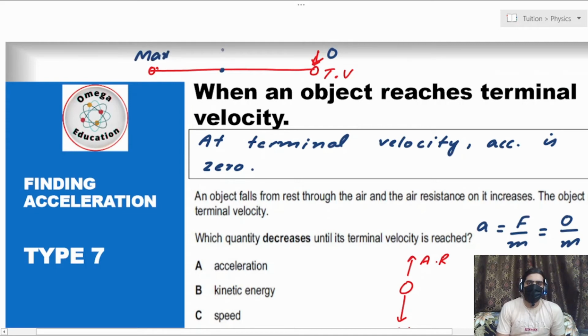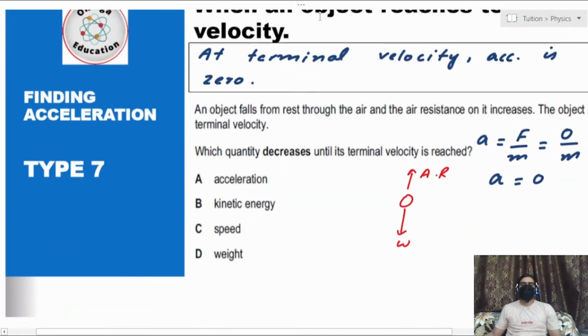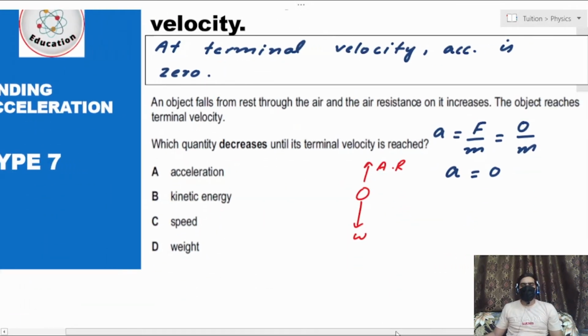Over here, acceleration would be half of the maximum value. Over here, acceleration would be almost 0. It might be 0.1, 0.2, almost 0. So as you're moving towards the terminal velocity, the acceleration is decreasing, and at terminal velocity it eventually reduces to 0.